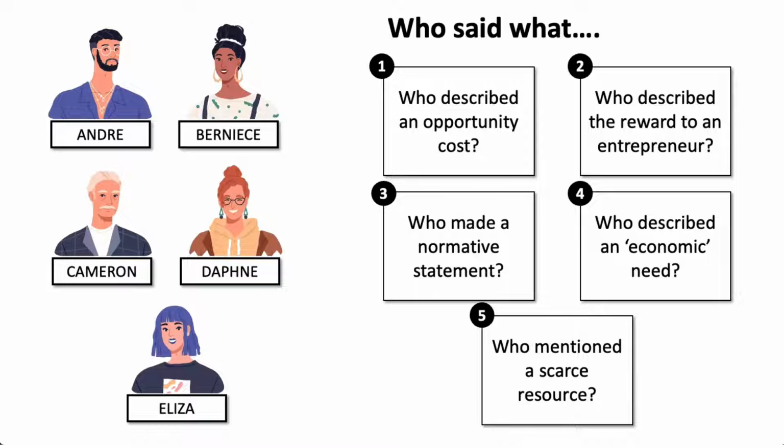I can see some 3s on here though, people that think Cameron made a normative statement. Cameron is the one that said government should increase income tax to fund healthcare. Bit of a clue there. So now we've got lots of 3s pouring in.